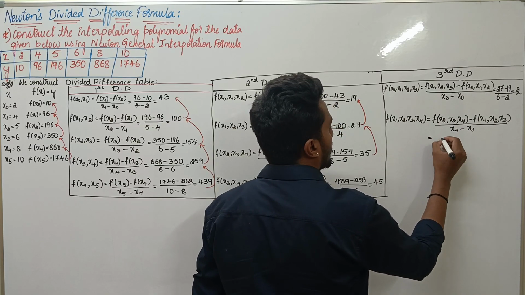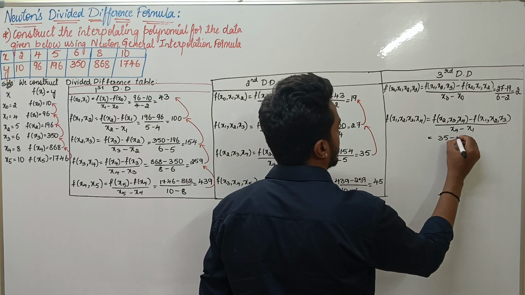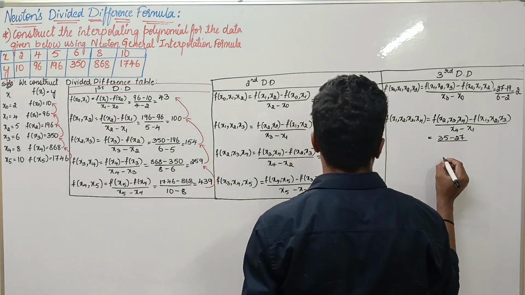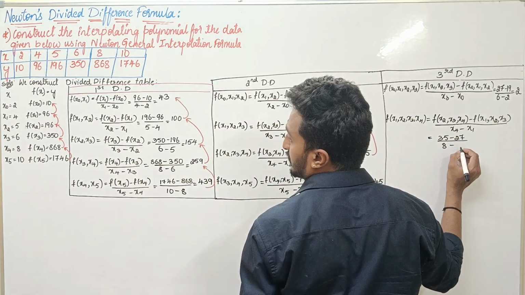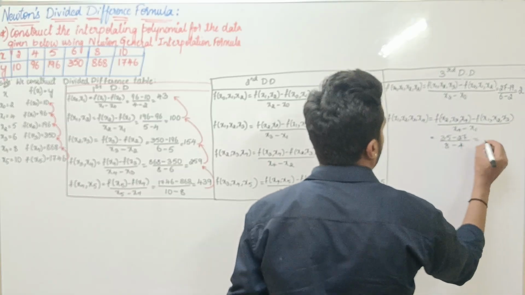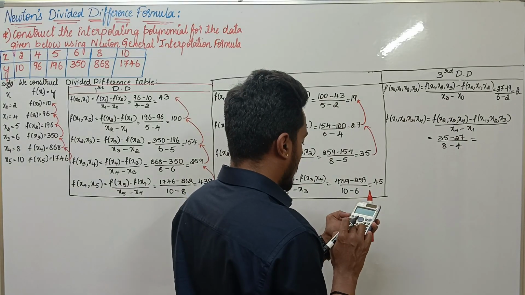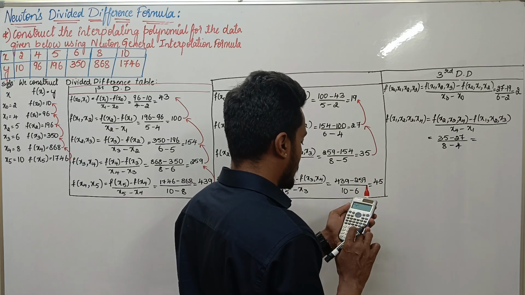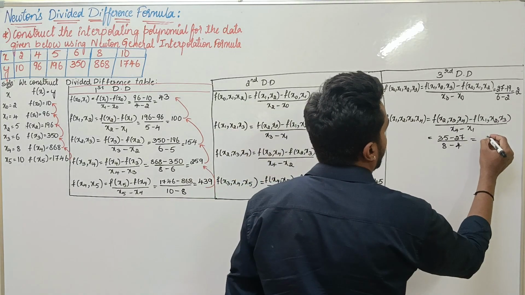That is 35 minus 27 whole divided by x4, which is 8, minus x1, which is 4. Let us simplify: 35 minus 27 divided by 8 minus 4, you get again 2.